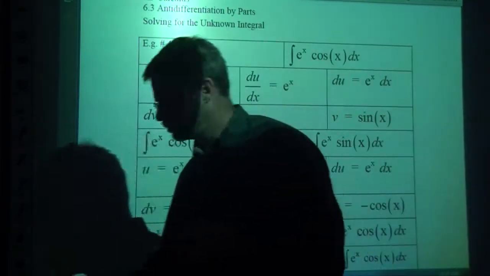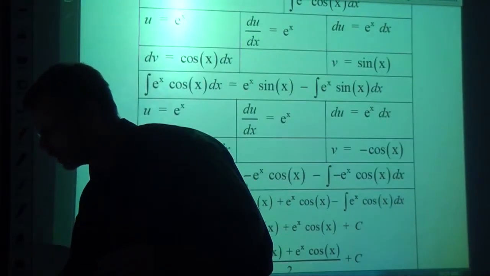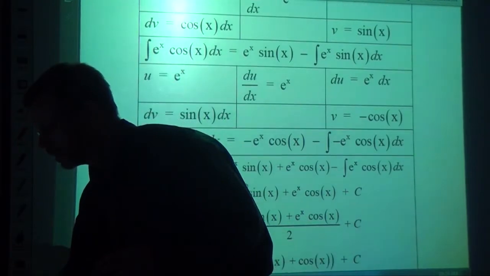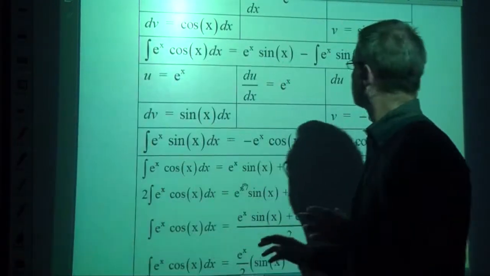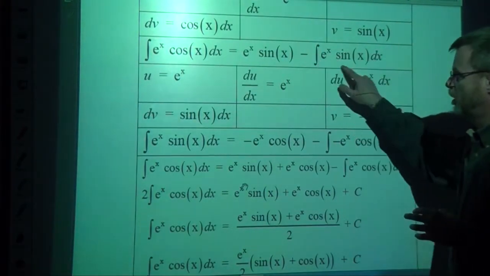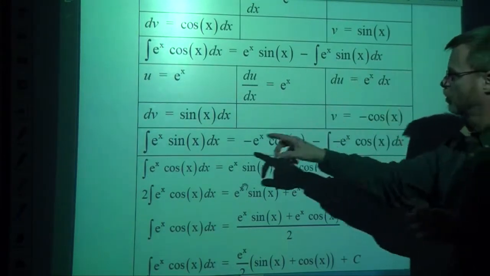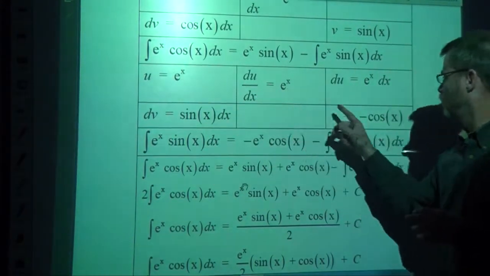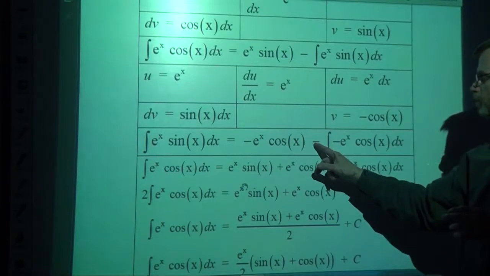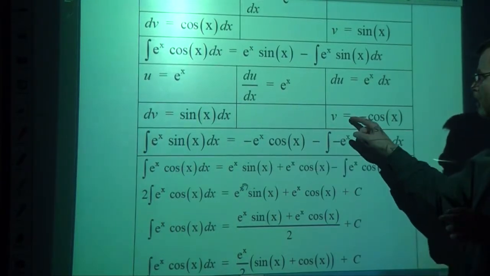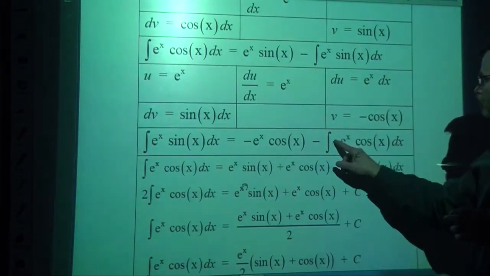So now this branch right here is equal to uv, which is here, subtract, integrate v du, which is here.